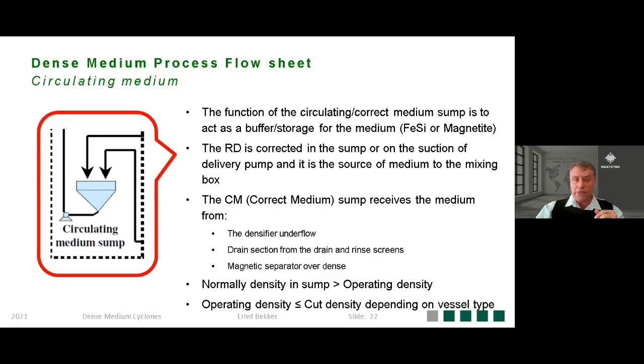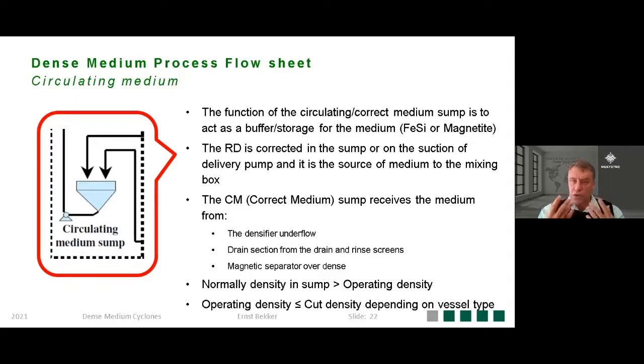We'll talk about the densifier just now. The drain section from your drain and rinse screen, and then the magnetic separator over dense, which we'll also discuss in this presentation. Normally, the density in the sump is larger than the operating density.